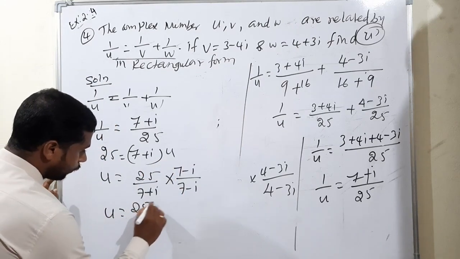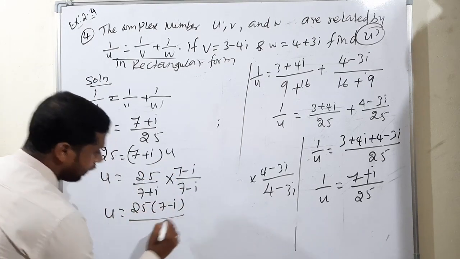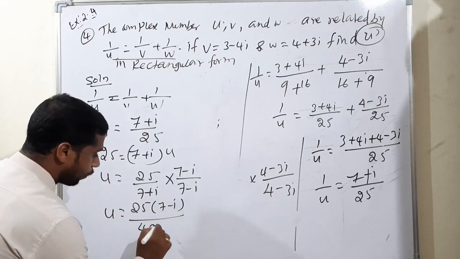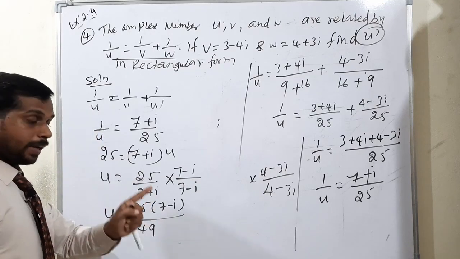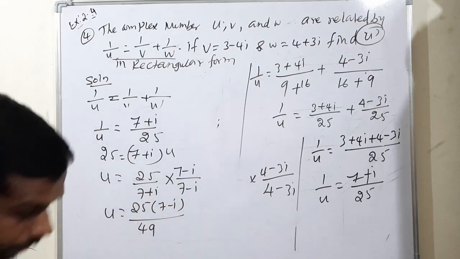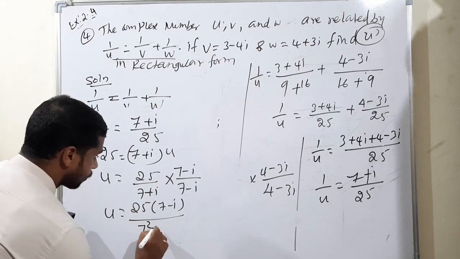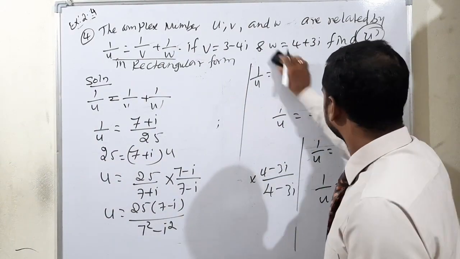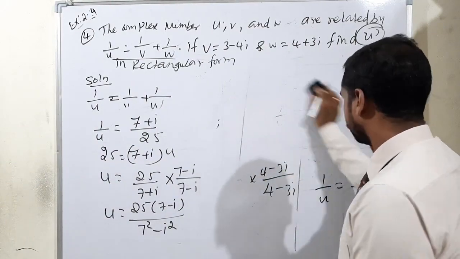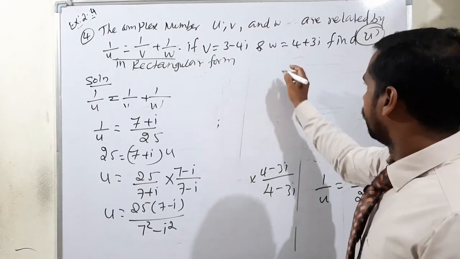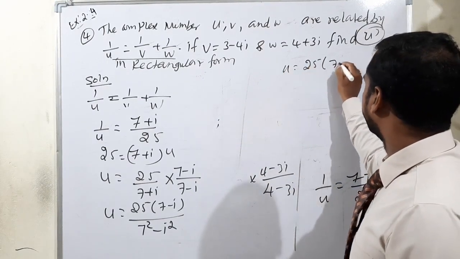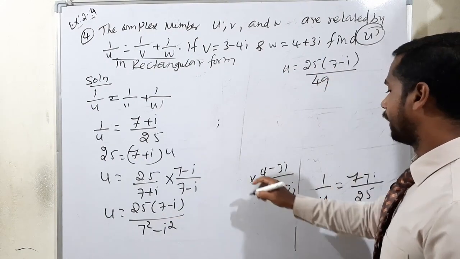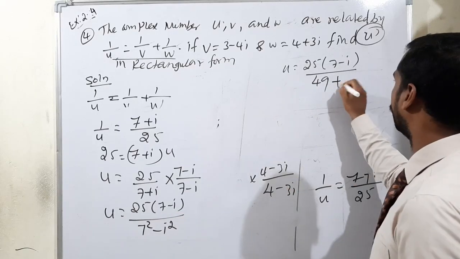Then u = 25(7 − i) over the denominator in (a + b)(a − b) form, a² − b², so 7² − i². Then 7² means 49 and i² means −1, so we get plus 1.